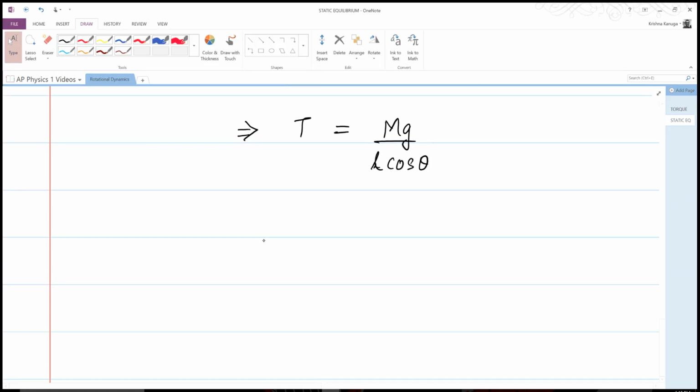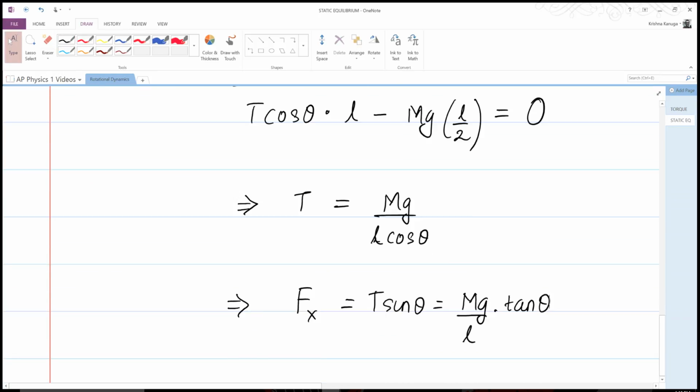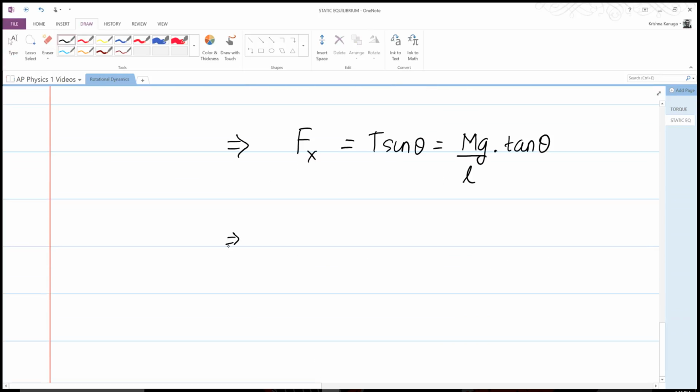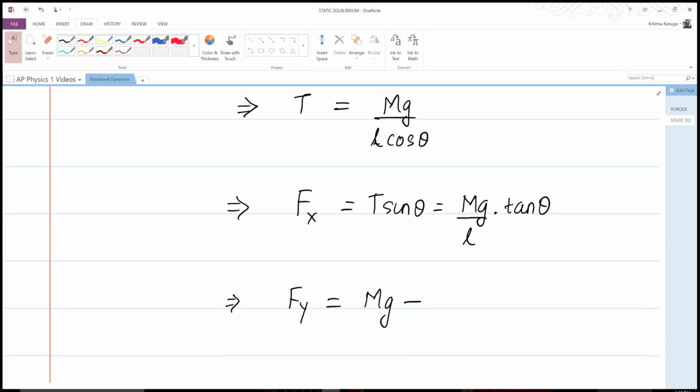Fx is simply equal to T sine theta, which is mg over 2 times sine theta over cosine theta. So I can write that as mg over 2 tangent of theta, and then I can also get Fy. Fy is equal to mg minus T cosine theta.